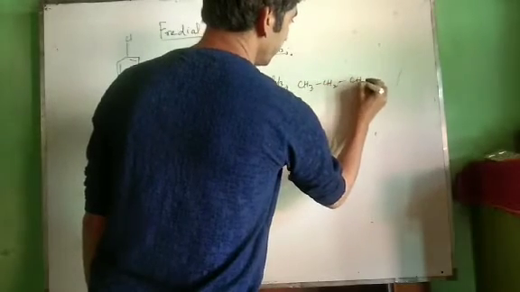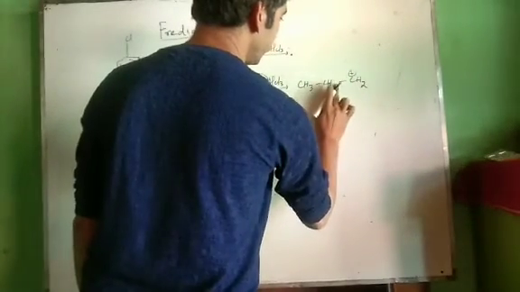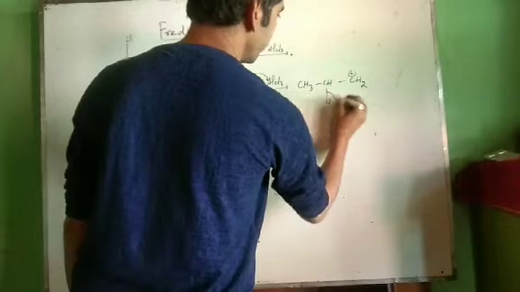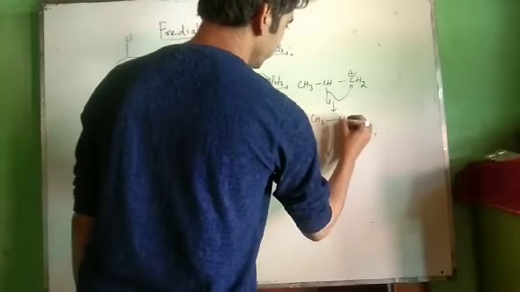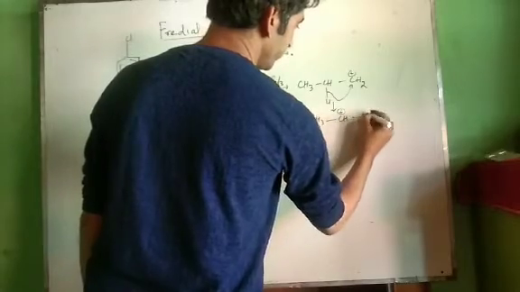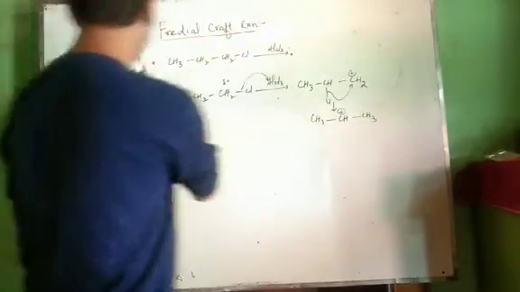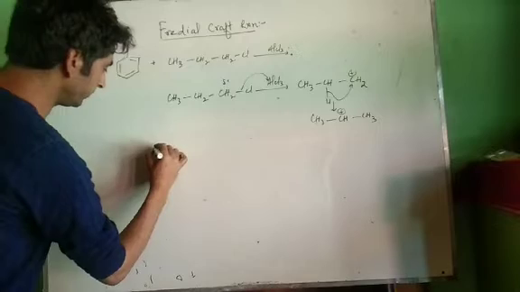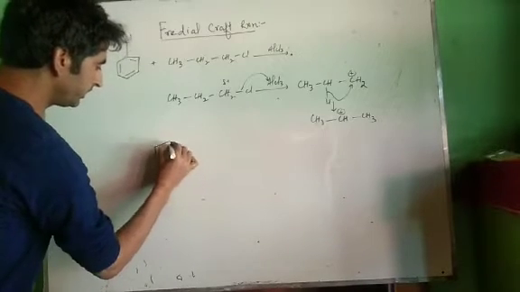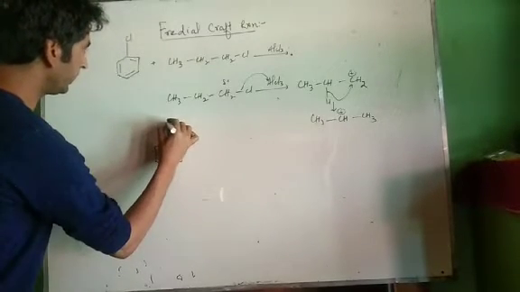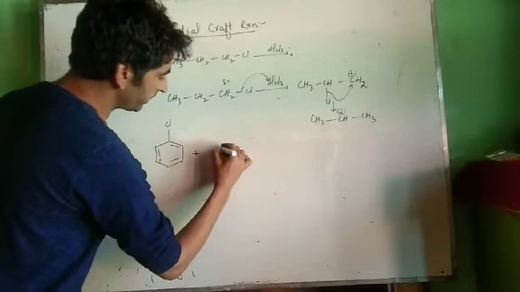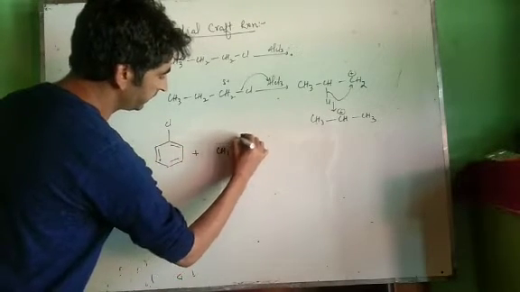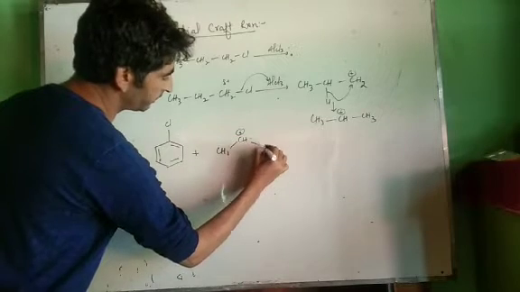Now this primary carbocation undergoes rearrangement. I will write it like this. It undergoes rearrangement and we get a secondary carbocation. This secondary carbocation will be attacked by our halobenzene. Now my secondary carbocation is CH3, CH positive, single bond CH3.